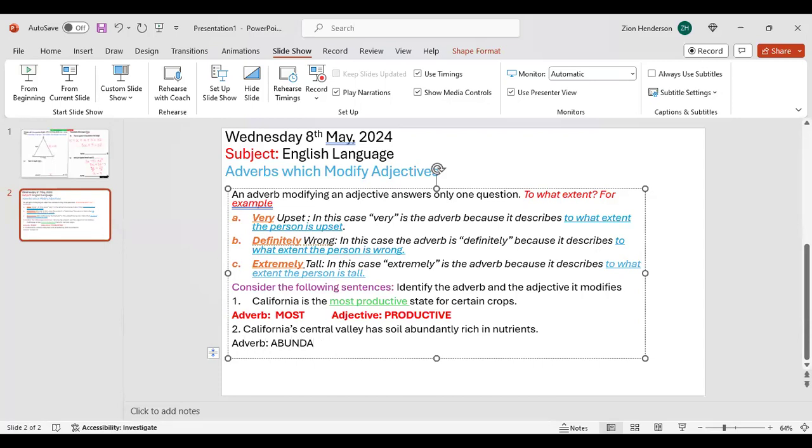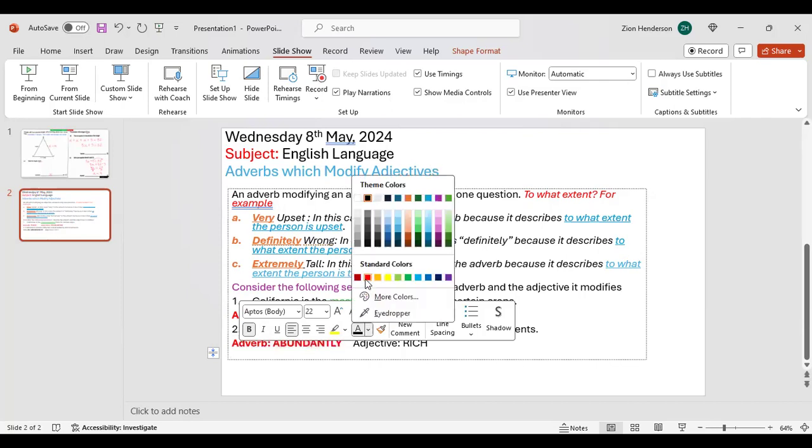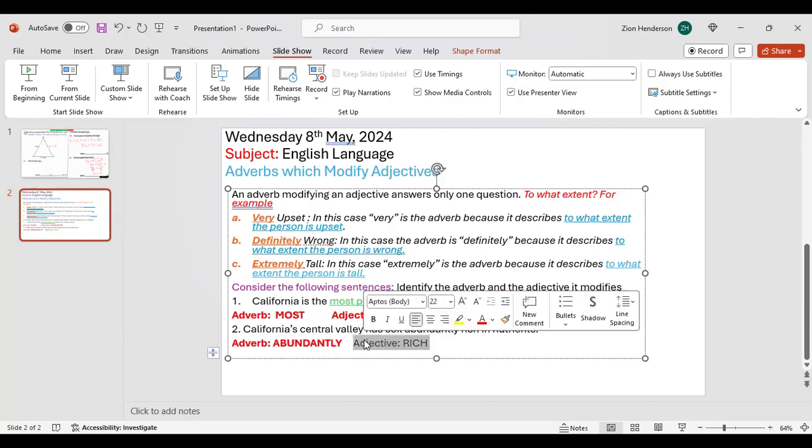And the adjective is rich. So the adverb is abundantly because it's telling us to what extent the soil is rich.